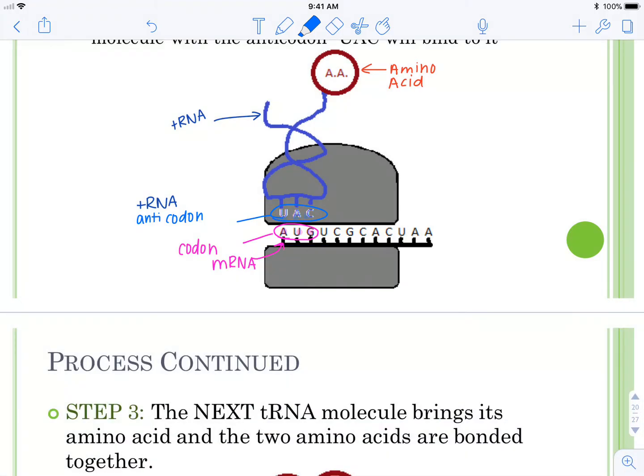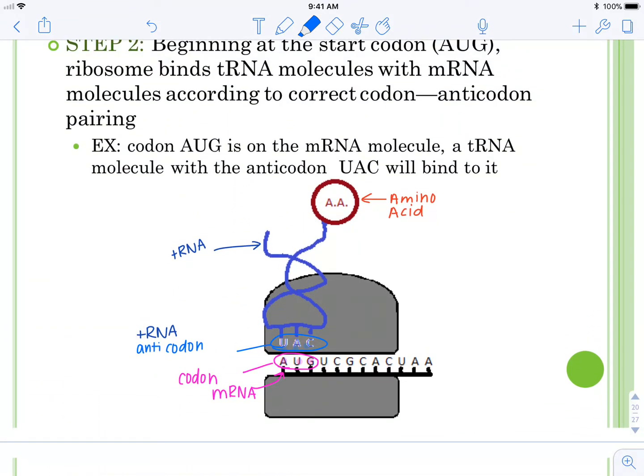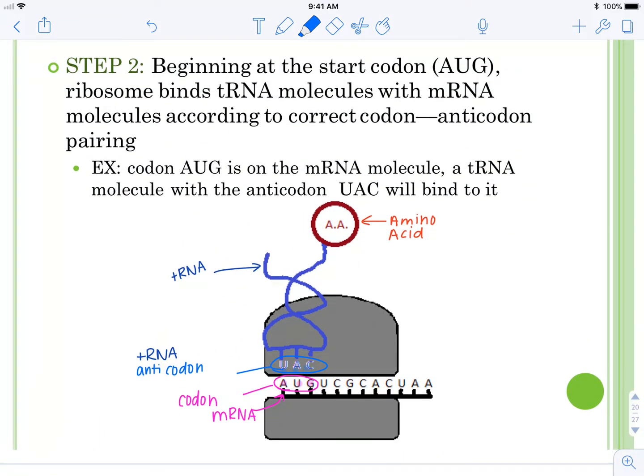Okay? So what's happening in this step in the cell is beginning with that first codon, the tRNA molecule, that's this blue one, ends up bringing an amino acid over that matches up. Okay? And it knows to stop there because it has that anticodon that can bind to it, because they are those complements. We like to match the opposites together.